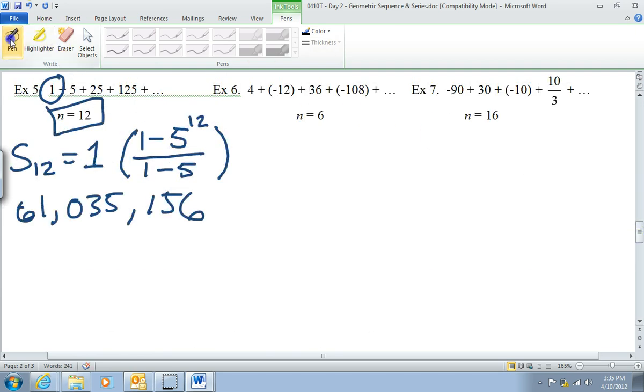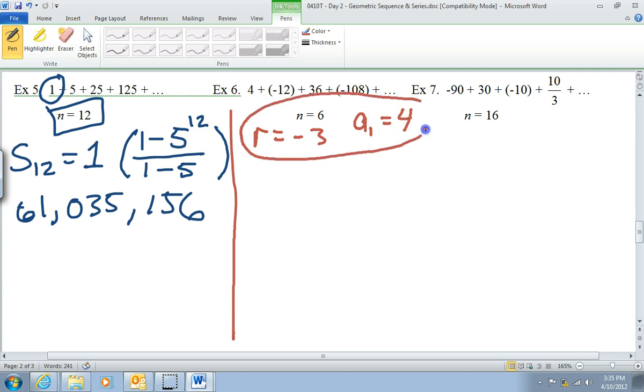Okay, so this is what happened. We all agree that R is -3. N is given. We all agree that A1 is 4. So I'm just going to take these 3 things and put them into the formula.